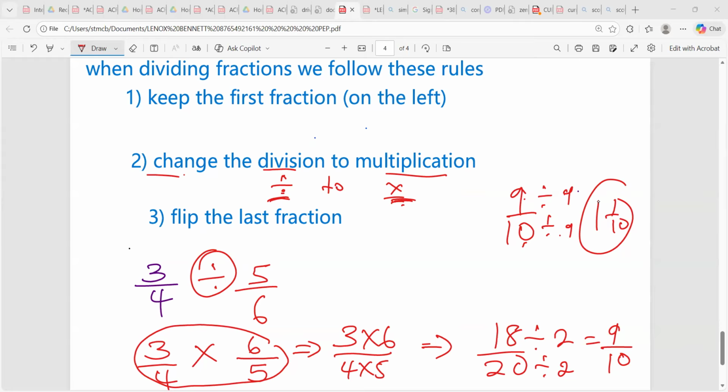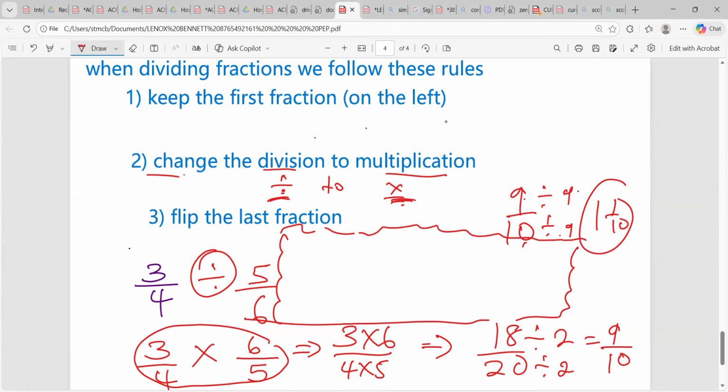Anthony, do you agree? 9 over 10 is the same as 1 and 1 over 10. No, sir. You disagree? What's the reason? No reason?